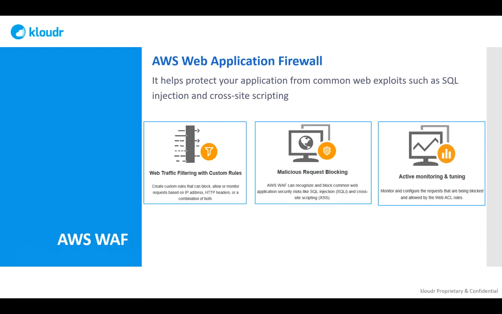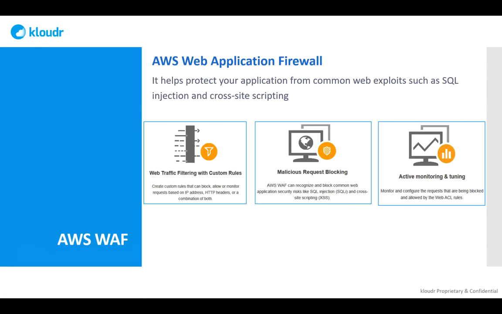Now we are going to talk about the web application firewall, and we will do a demo after this session on it. The web application firewall is an application layer firewall to avoid web exploits such as SQL injection and cross-site scripting. Here on AWS, as I said, all your security services are available and accessible from a single console.